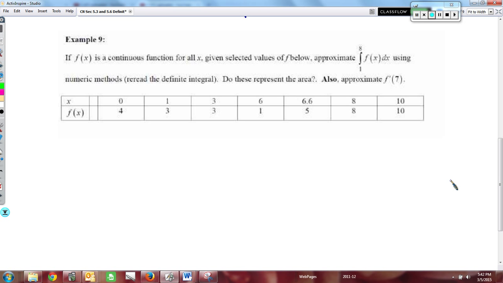So when we're doing approximations with Riemann sums, there is no requirement that your delta x, your rectangles, have the same width for every rectangle. No requirement. So it's the same kind of idea. I have a continuous function, so I know that f is integrable.